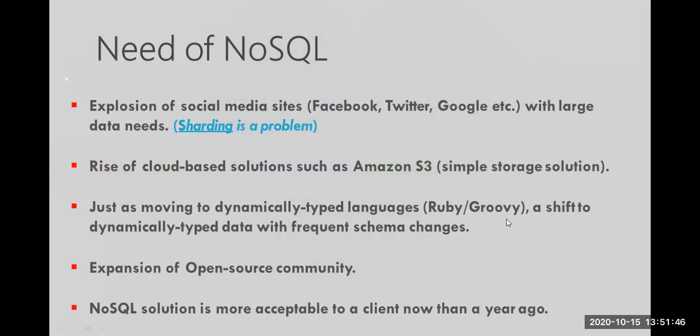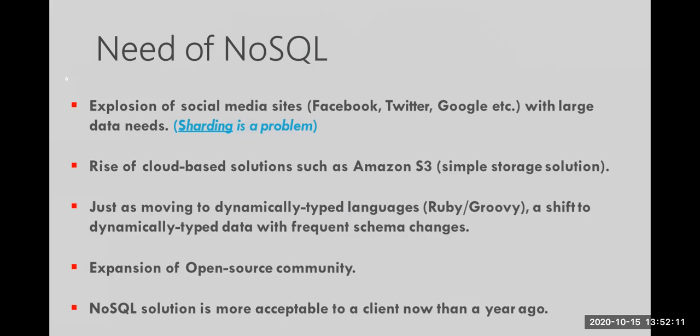Then why is there a need for NoSQL DB? With the gigantic explosion of social media sites over the last 5 to 10 years, like Facebook, Twitter, Google, Instagram, WhatsApp and Telegram, with large data needs, sharding is a problem for them.